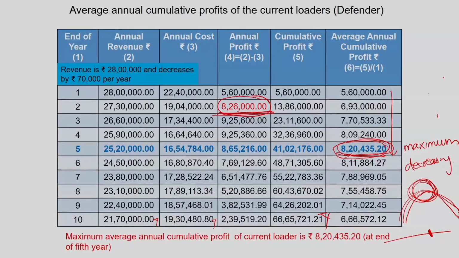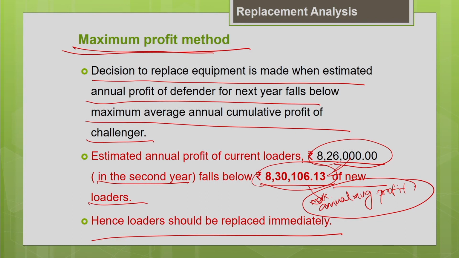In a similar perspective, in the maximum profit method, if the annual profit of the current loader for the next year falls below the maximum average annual cumulative profit for the new loader, in that case you have to justify the replacement. As per the guideline of Dr. James Douglas, we have to replace the current loader with the new loader. The challenger is found to be more economical and the replacement has to be done immediately. That is the output of this analysis.